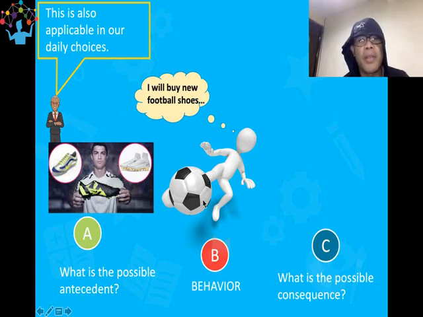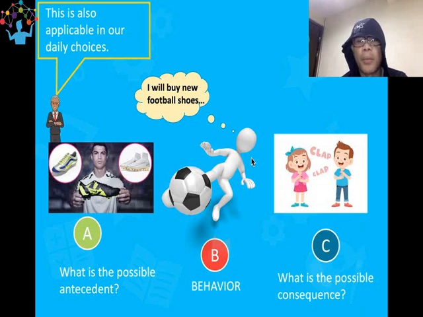So the behavior is definitely you will buy the shoes of Ronaldo, and the consequence of that is, when people see you wearing the shoes of Ronaldo, they will be amazed, saying, wow, you're very good, you're like Ronaldo, and so on and so forth. So this one and this one in the future will always be a good reinforcer in your choices. You have a very strong reinforcer here, and you also have a very strong reinforcer here.